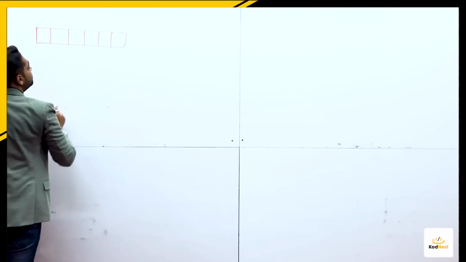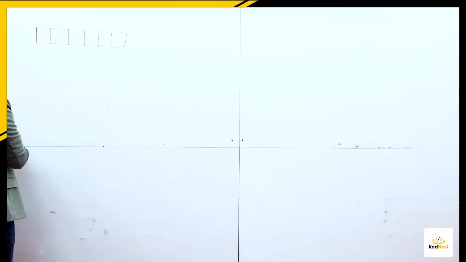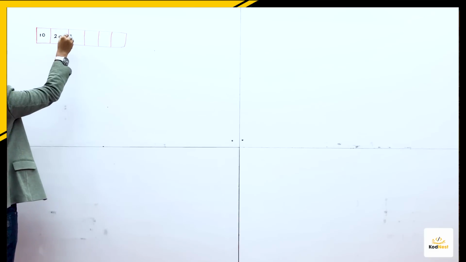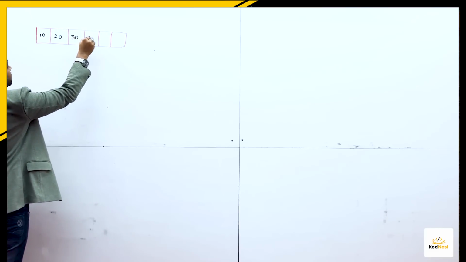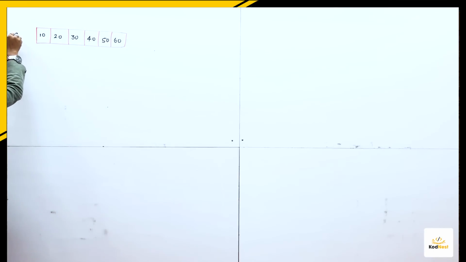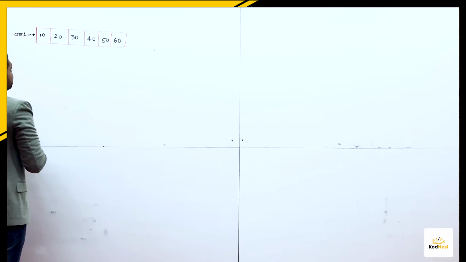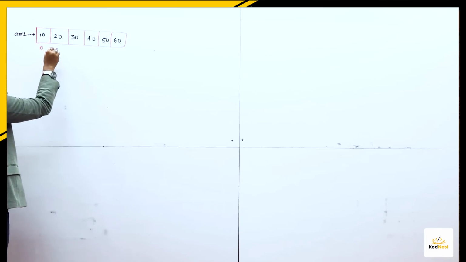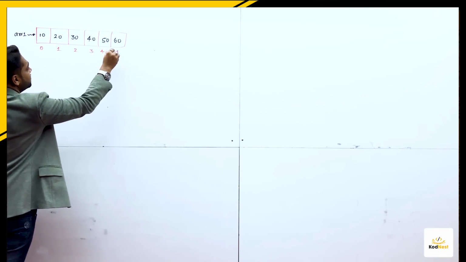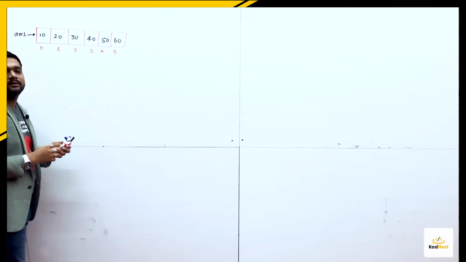Possibly, you have the elements as 10, 20, 30, 40, 50 and 60. This is array ARR1, just an assumption. This is 0th index, the first index, second index, third index, fourth index and the fifth index.